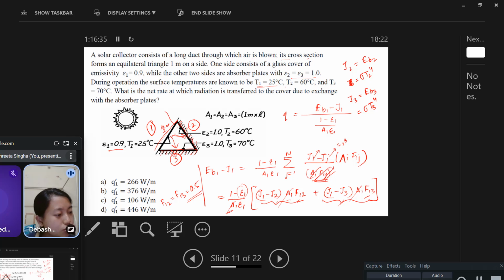Then J2 and J3 we know; the only thing we don't know is J1 here. Nothing is given for J1. Since it is just a glass cover and not a black body, we cannot say anything about J1. If I substitute all the values, I'll get it like this.